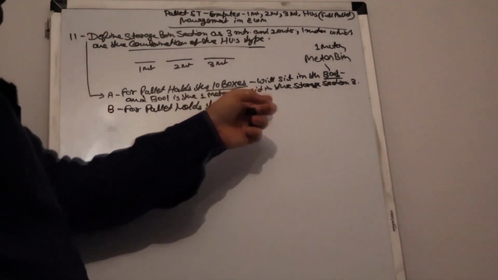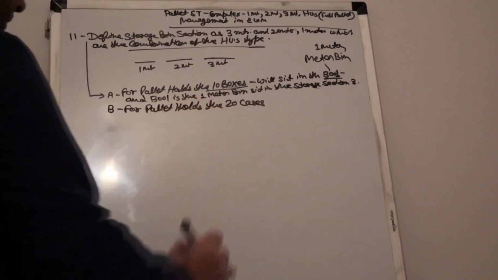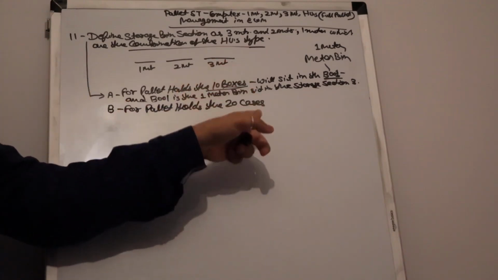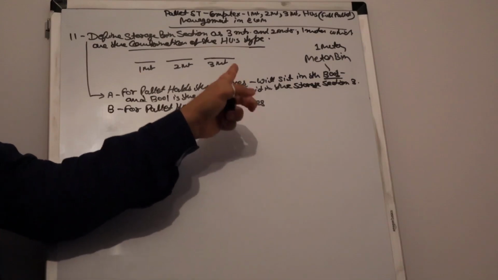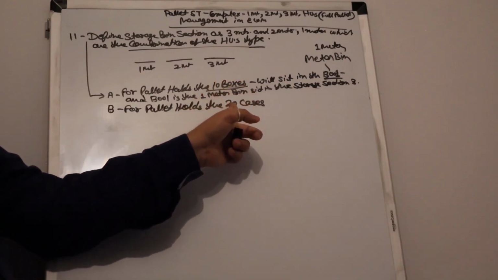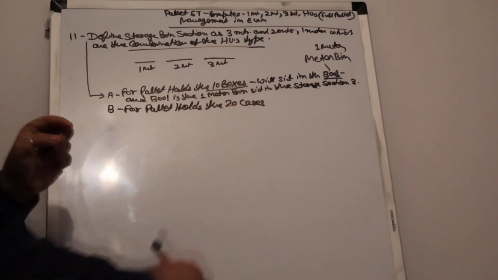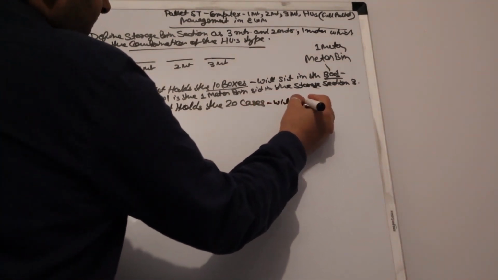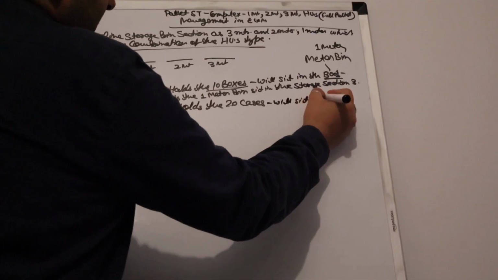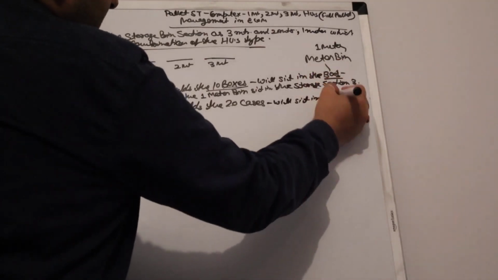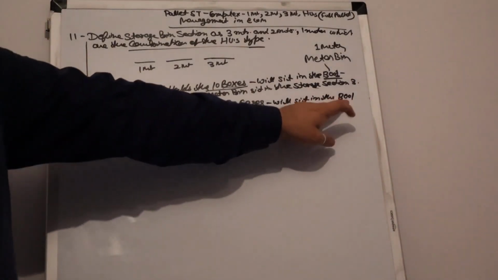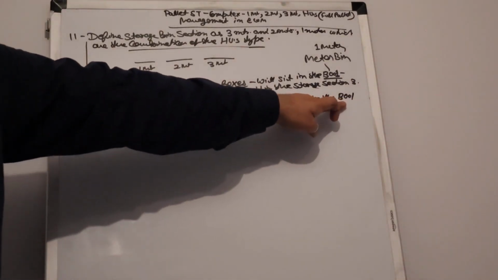So for pallet holds the 20 cases, because we have the boxes and cases, okay. So the pallet holding the 20 cases will sit in the same B001 1 meter bin. The size of this bin is 1 meter, okay.